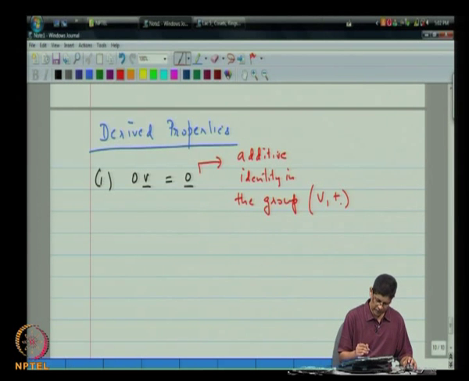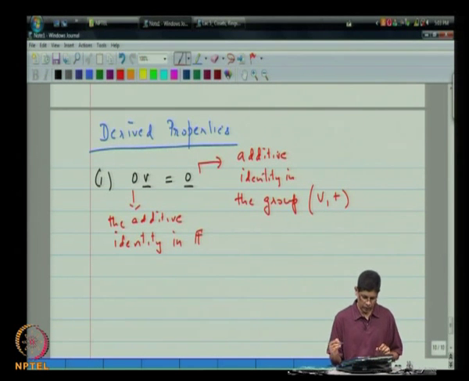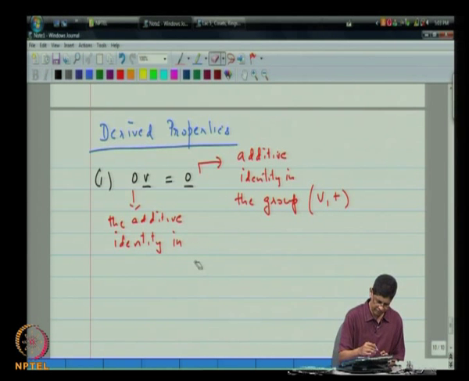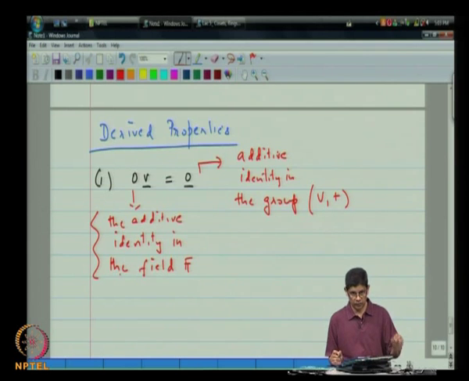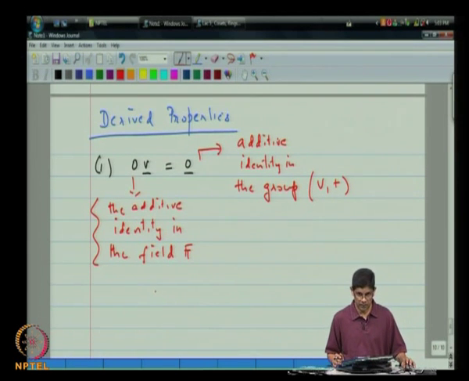On the other hand, this 0 here is the additive identity in the field F. Okay. So, the two zeros are different, and now we are saying something about how they interact.